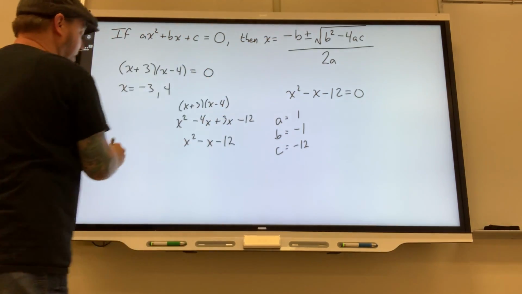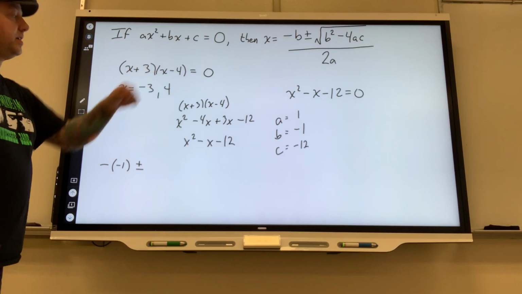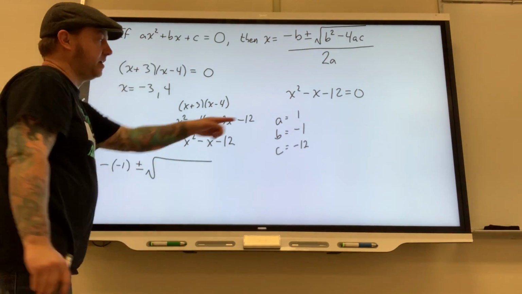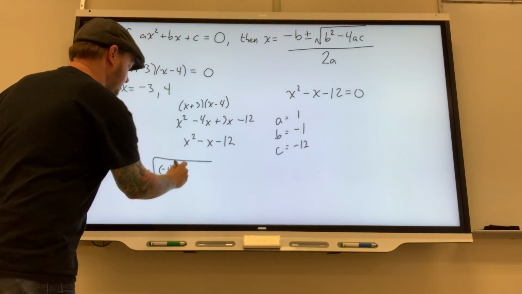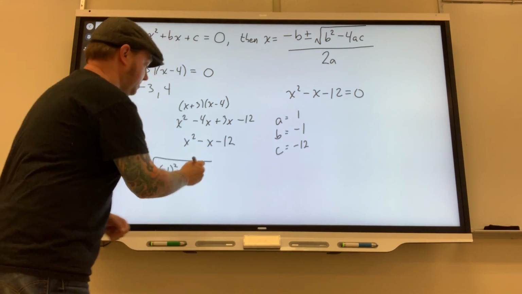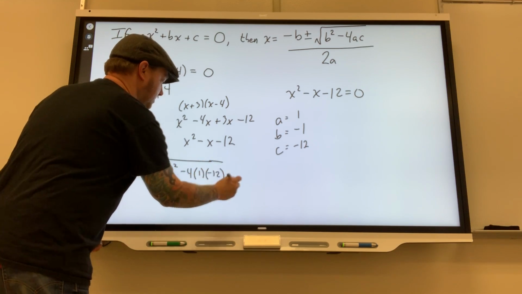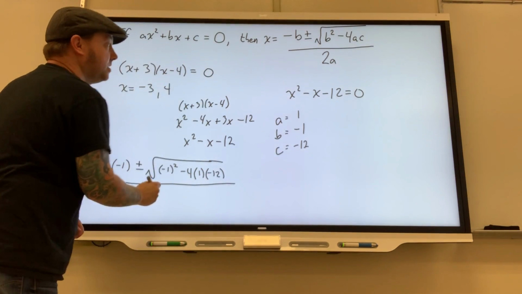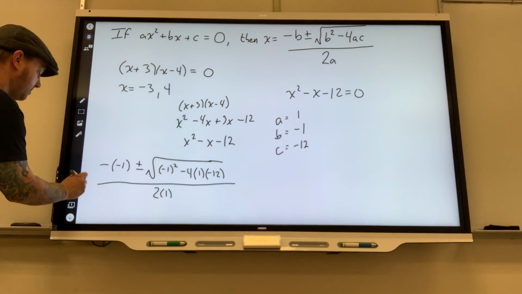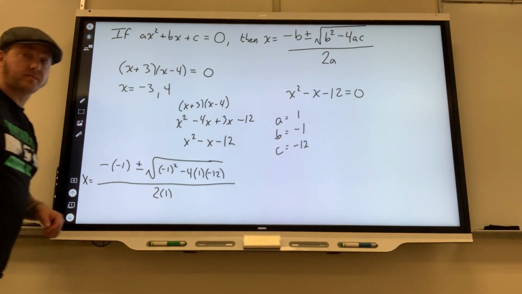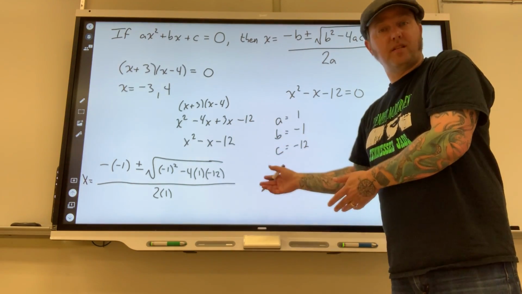So negative b would be negative 1 plus or minus the square root of b squared minus 4 times a times c, all over 2a. All right, so this is x. Now, all we have to do with this is simplify.